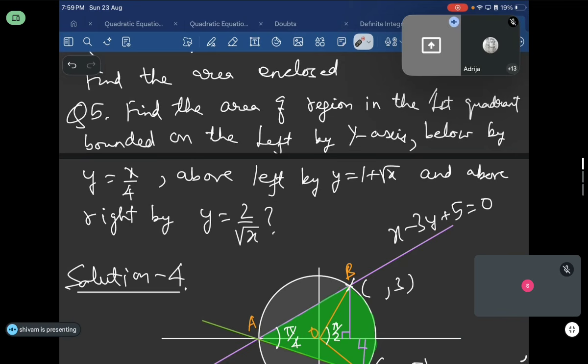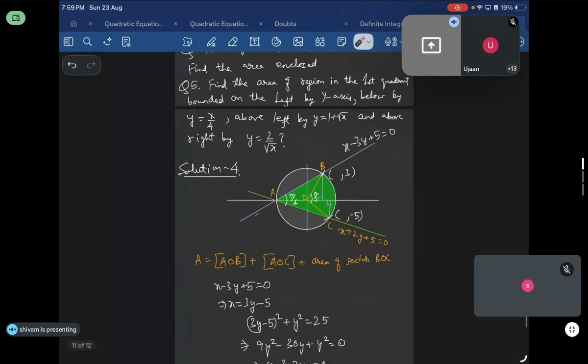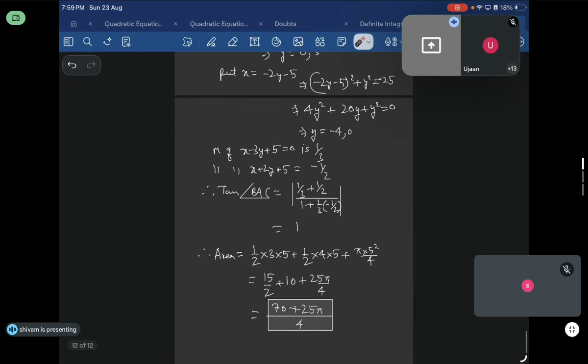Let me start. Okay, everyone, let's start. Acha, I think Ujan is solving. So, is it the right answer? Sir, you can start. Okay, let me start, everyone. Pay attention. Sketching the curve. Find the area of the region in the first quadrant. On the left, it is bounded by the y-axis. Below it is bounded by y equal to x by 4. So let us draw the graph.